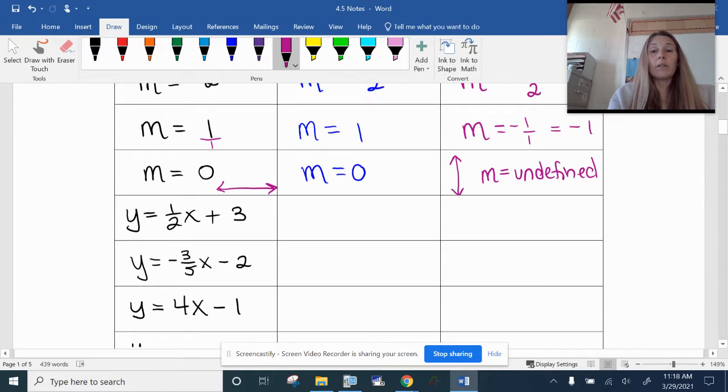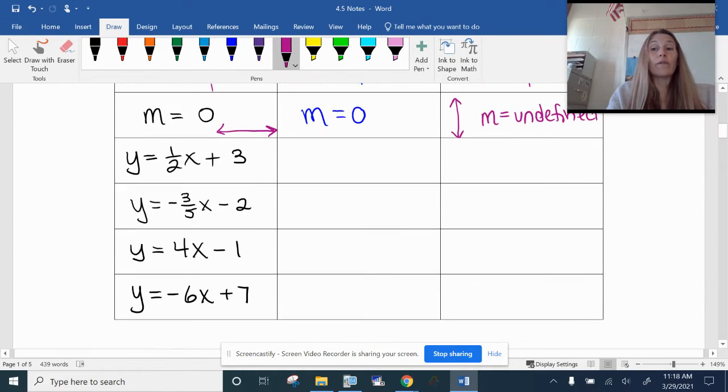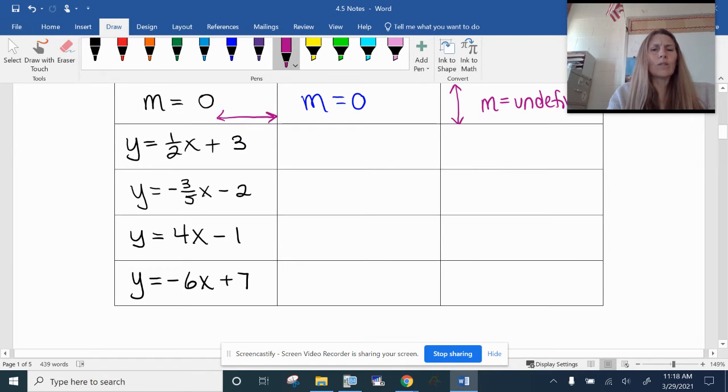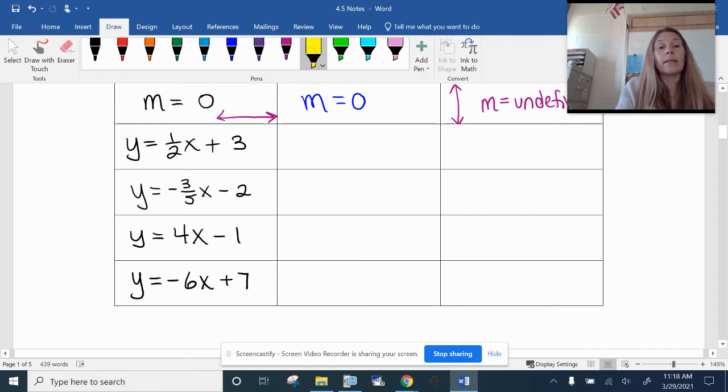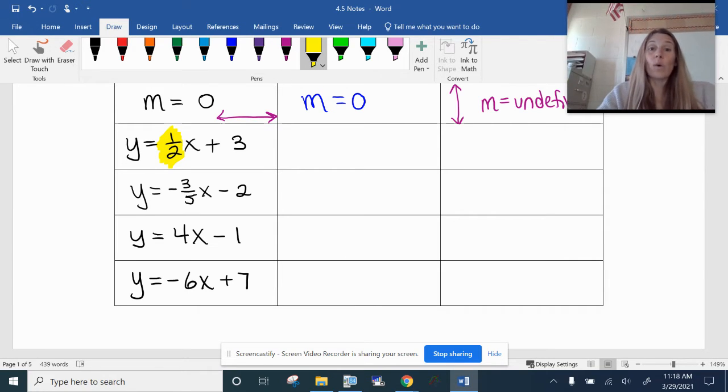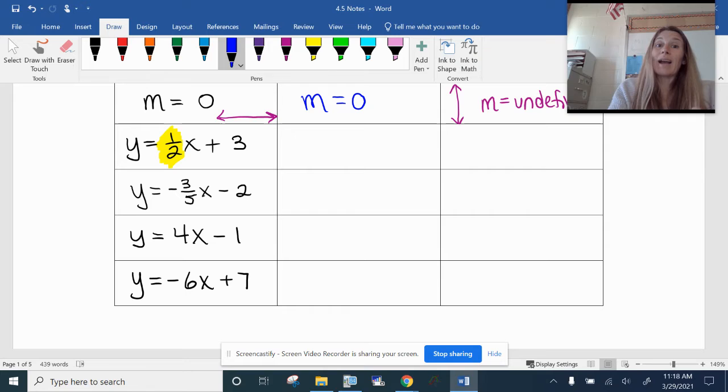All right, so let's continue this, but this time let's get the information from an actual equation, since that's normally how it's going to look. So you have the equation of a line given to you. Clearly, our slope for this particular line is 1/2. It's whatever that number is in front of the x. Now, if I'm going to write the equation for a line that's parallel to this one, my slope is going to be also 1/2.